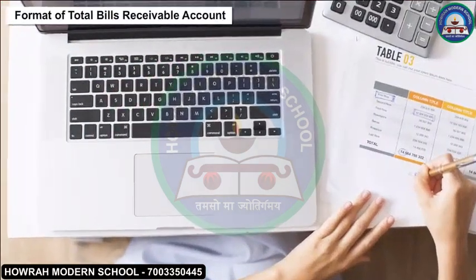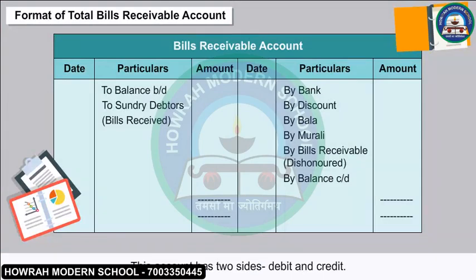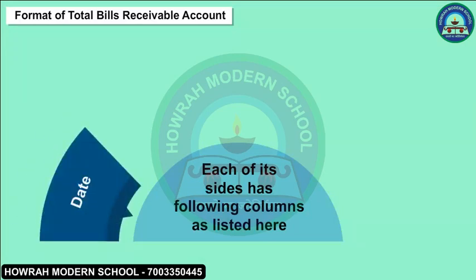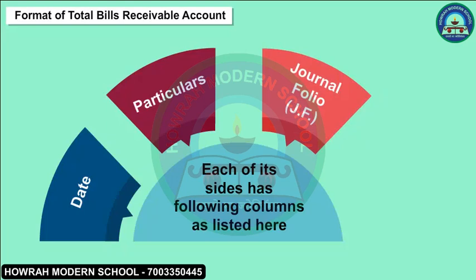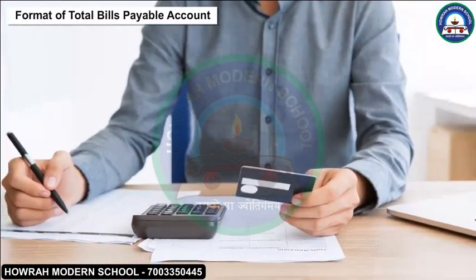Format of total bills receivable account. This account has two sides, debit and credit. Each of its sides has the following columns as listed here: date, particulars, journal folio or JF, amount. Format of total bills payable account.